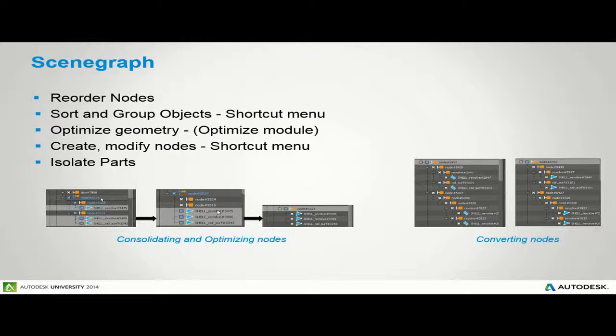On the screen, you see there are 2 group nodes inside of the main group node, and there are 3 geometry objects. We drag and drop those 3 geometry objects into the main group node, and then when we say optimize, there is an optimize module, we'll be touching on it later in our demo, it just removes those 2 empty group nodes.